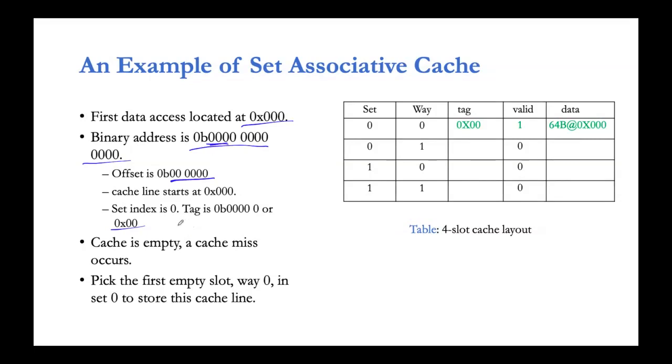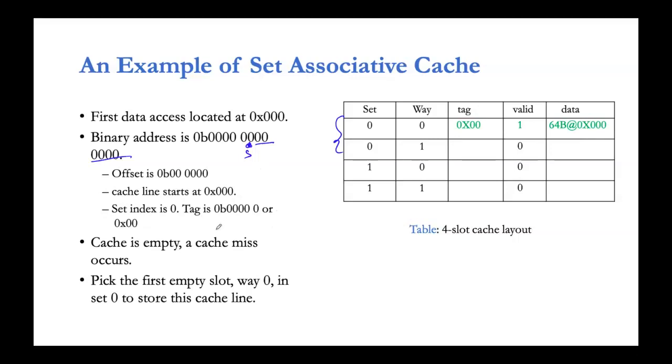Once this is there, what happens? In our case, two ways are there, which means one bit is used for set selection. The last 6 bits are your offset, and this bit is your set index. Set index 0 means set 0 is selected. Once the set is selected, it follows the fully associative cache.